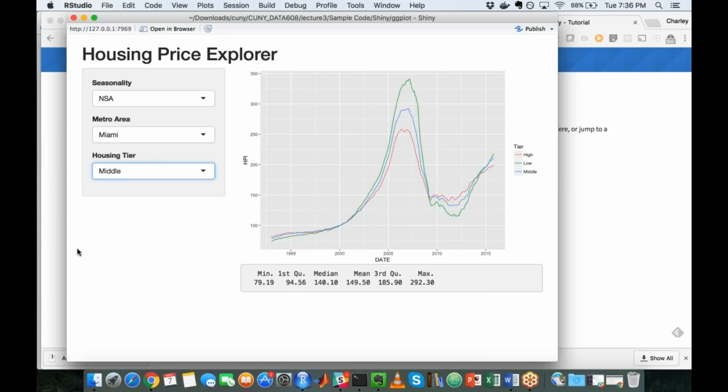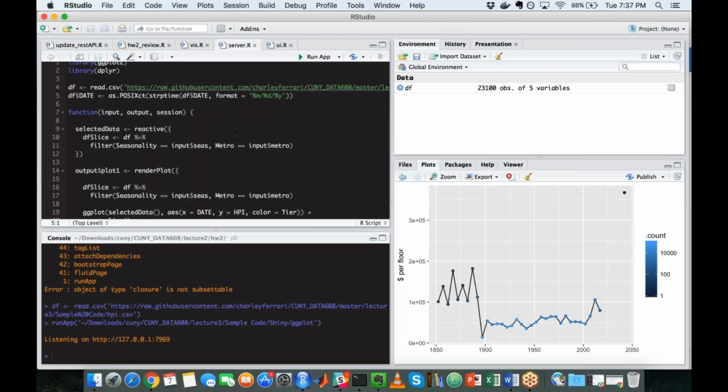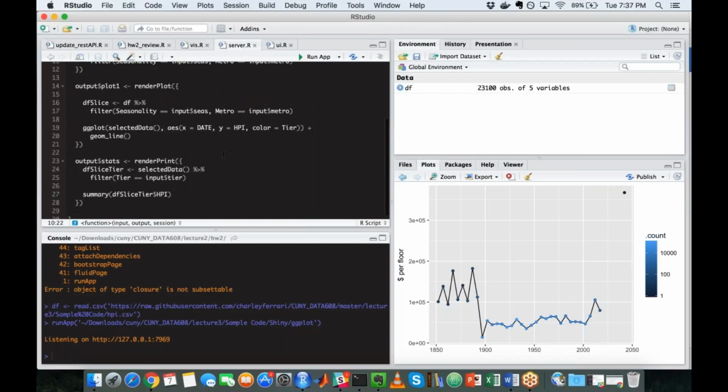So that's the broad architecture of Shiny, and I used this ggplot example as a way to get an idea of what sorts of questions you need to be asking yourself when you're building apps like this.